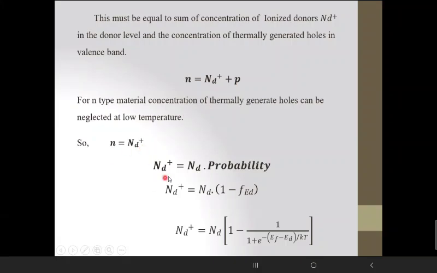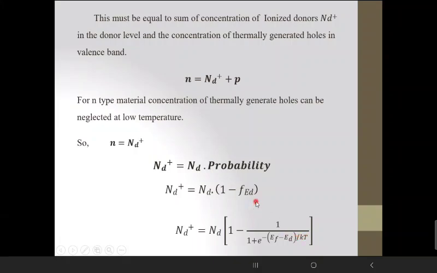Nd plus is equal to Nd into the probability, that is, Nd into 1 minus F(ED). So Nd plus is equal to Nd into 1 minus 1 over 1 plus exponential of Ef minus Ed over KT.